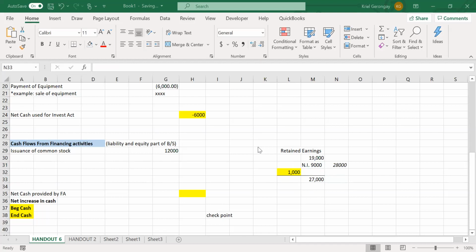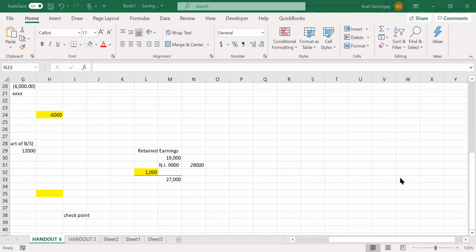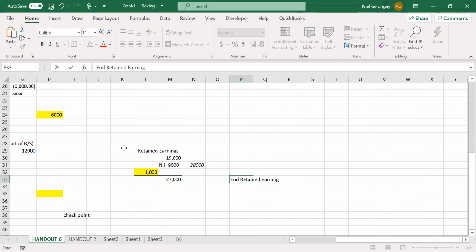If you can recall the formula for retained earnings, to get the ending retained earnings, the formula is beginning retained earnings plus net income minus dividends.